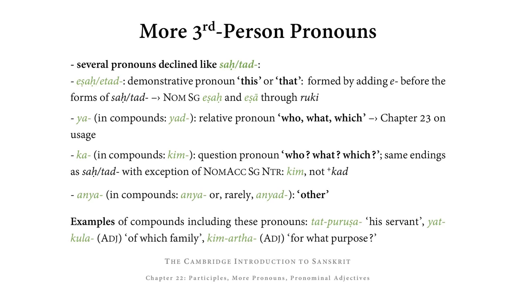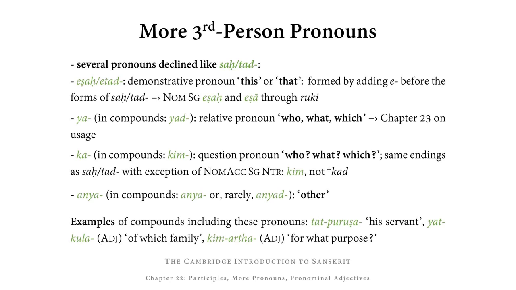Just like sachtad, these pronouns have slightly unexpected stem forms, so forms that would be used in compounds. Of eshach etad, the stem form would be etad. Of ya, the stem form is yad. Of ka, it is kim. And of anya, it is either anya or more rarely anyad.